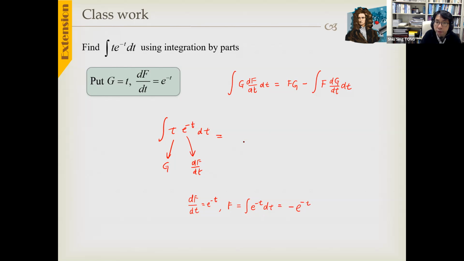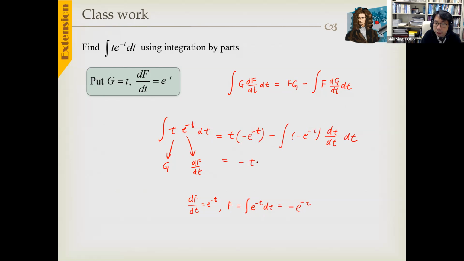So I know F. F is this guy. And of course, G is still there. And I have F equal to this guy. So then I have minus the integration of F, which is this, multiplied by dg dt. My g is just t, so it's dt dt, which is 1. Is that right?